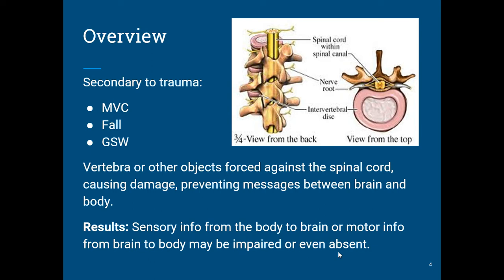So the result is that sensory information that goes to the brain, and all that motor information from the brain to the body, is impaired or even absent. That communication is either impaired or non-existent.